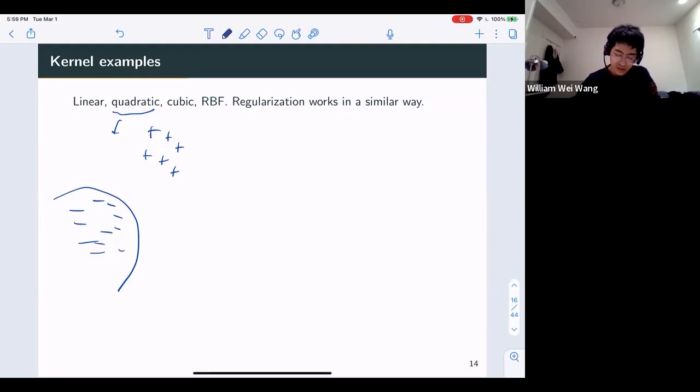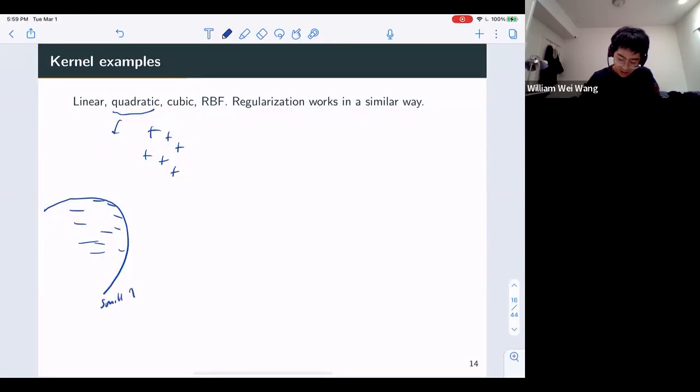This one is maybe unregularized, or I can even draw a more dramatic one that goes really close over here. So this is unregularized, maybe a small lambda. But then there's a higher margin parabola that you can get, so maybe this is a larger lambda.